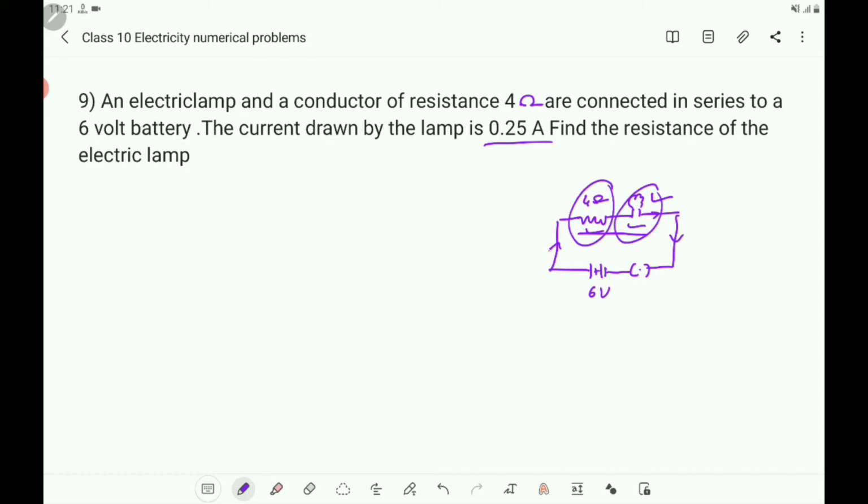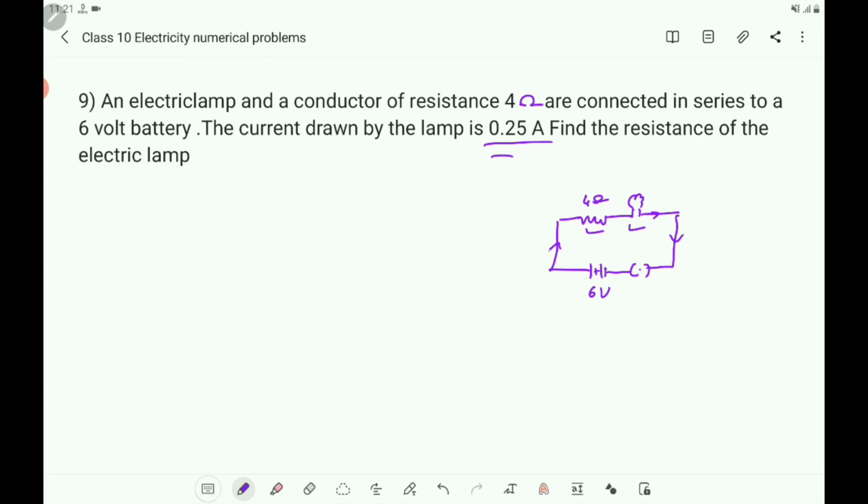So the total current is the same, that is 0.25 amps, through this resistance and also through the lamp. Here what we have to find out is the resistance of the electric lamp. And what is the total resistance of the circuit? The total resistance of the circuit is the sum of this 4 ohm and the resistance of the electric lamp.